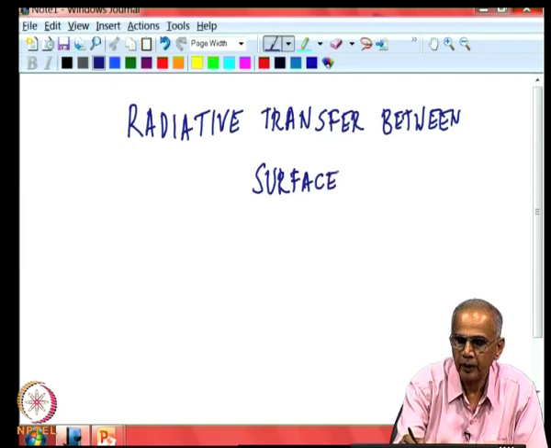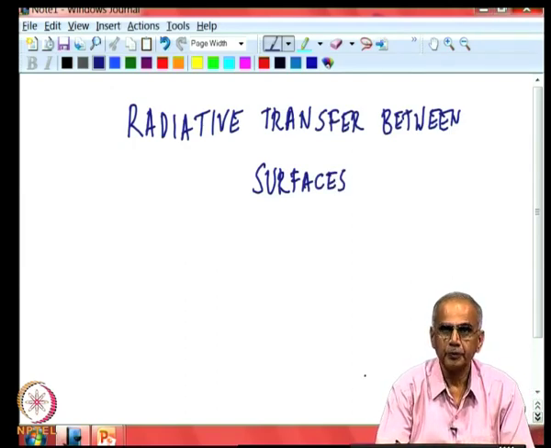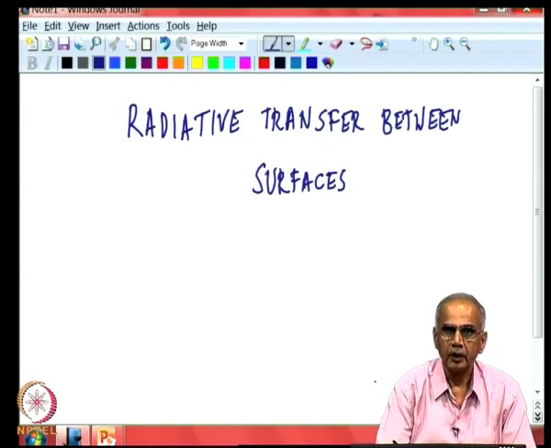So far we have looked at emission by black bodies and the radiative properties of real surfaces. Now, we are ready to ask this question: what fraction of radiation leaving a surface actually reaches another surface? Now, this is a very important issue in engineering application.